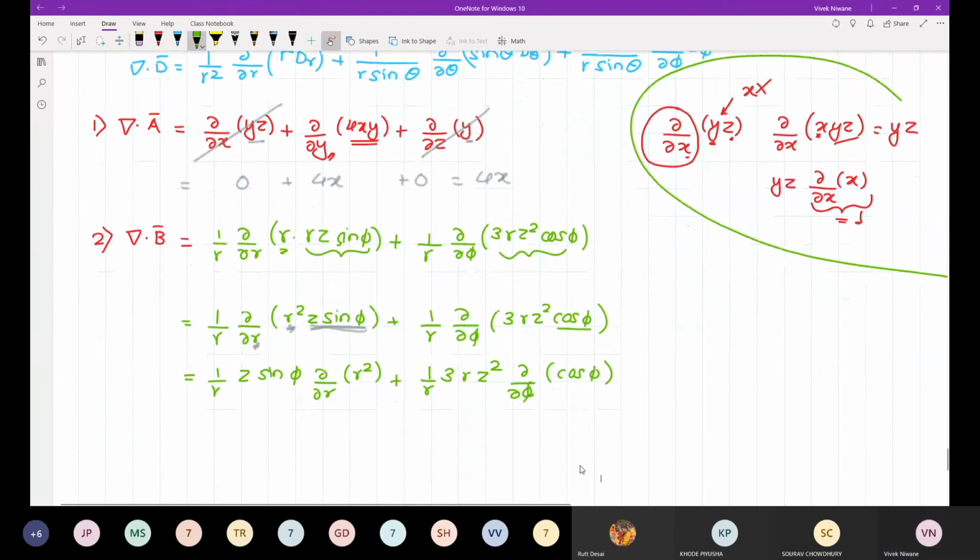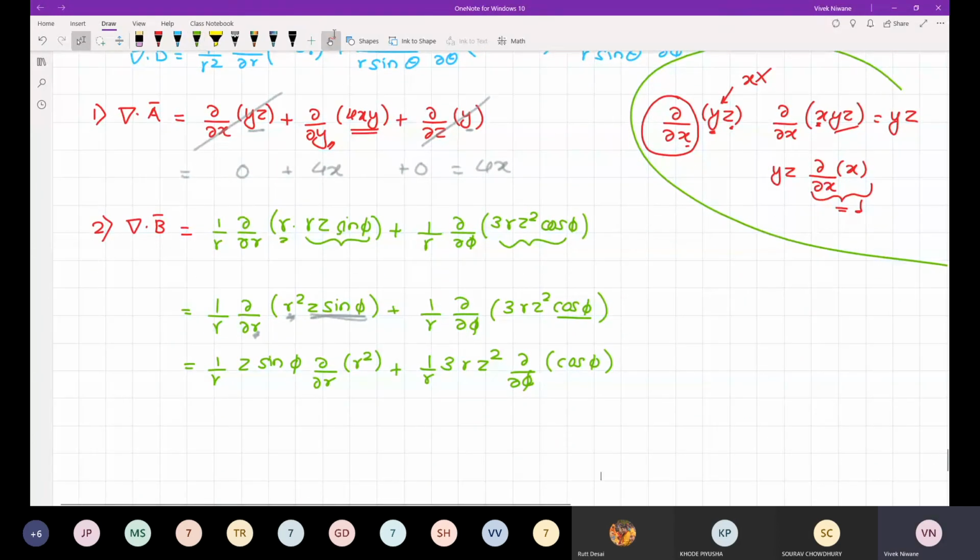Okay, and we will have the solution as 1 upon r z sin phi times, the differentiation of r² is 2r, plus 1 upon r 3rz² times ∂/∂phi of cos phi, which is minus sin phi.